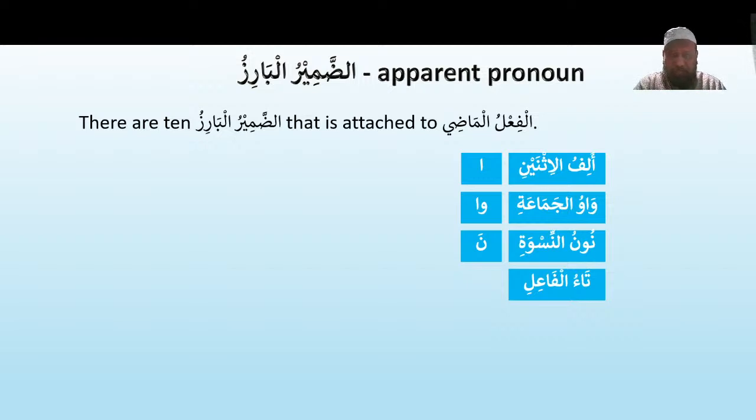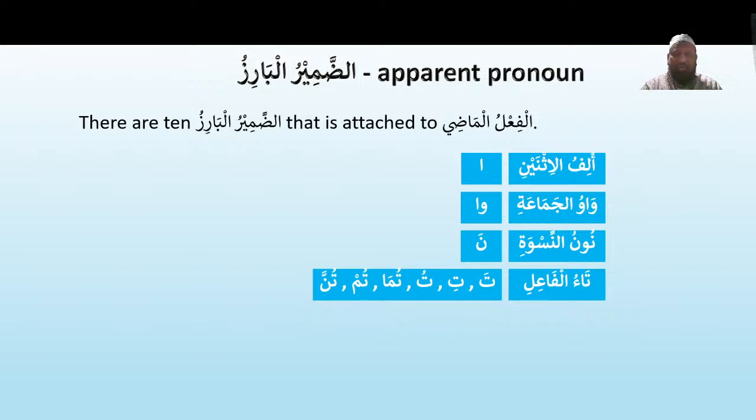Let's see how many of them. So ta with the fatha, number 1. Ta with the kasra, number 2. Ta with the dhamma, number 3. Tuma, number 4. Tum, number 5. And tunna, number 6.